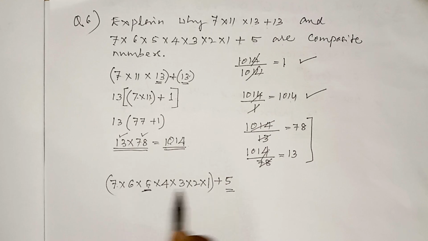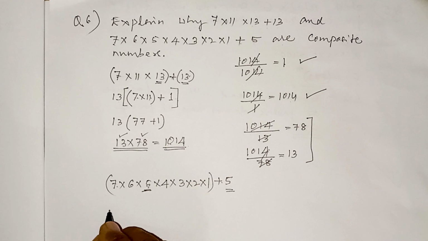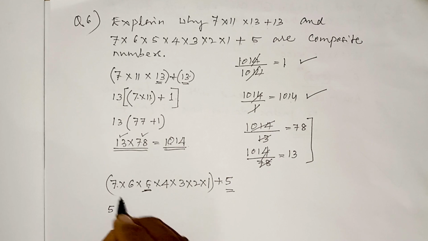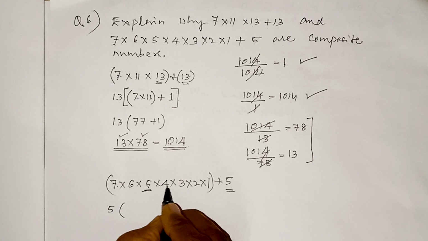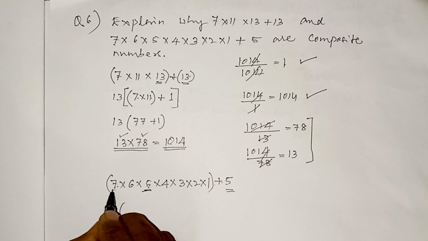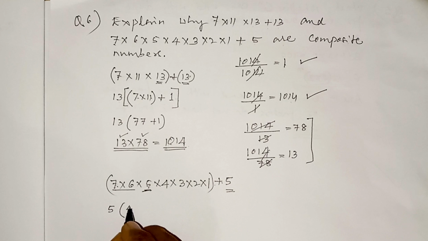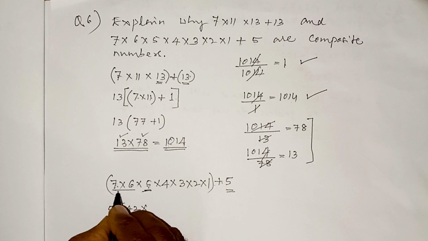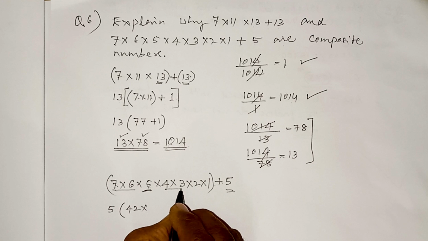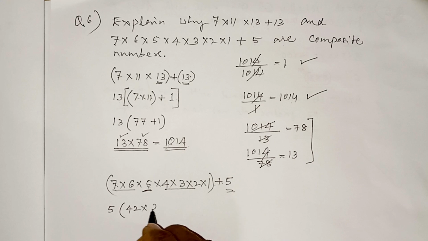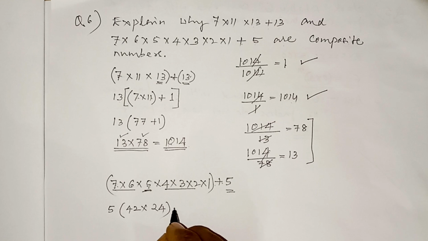In this we have 5 and after plus you have one more 5. So let us simplify this way. 7, 6, 4, 3, 2, 1. We can simplify now. 7 into 6, 42, into 4 into 3 is 12, 12 into 2 is 24. And then plus 1 because I have taken out 5.